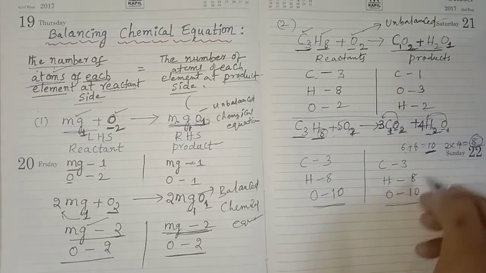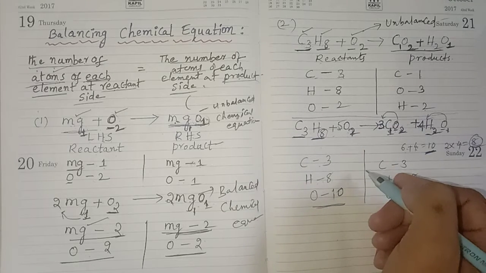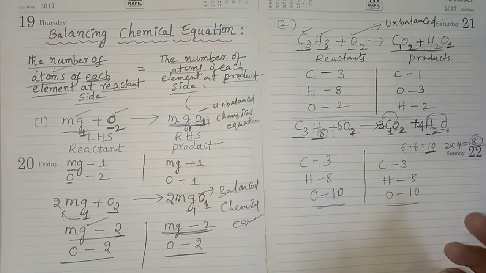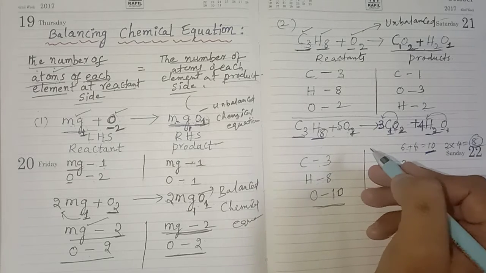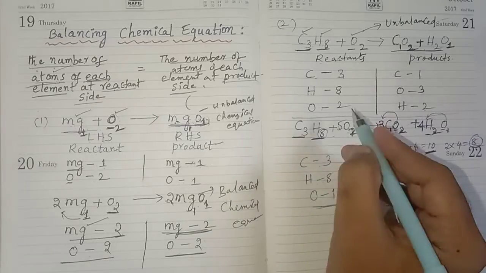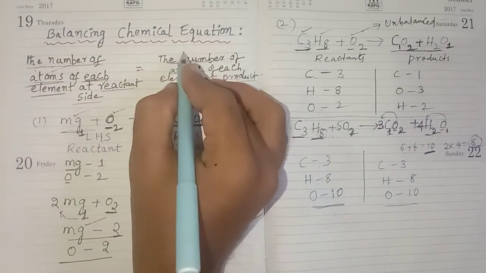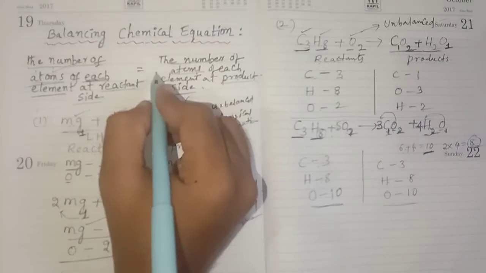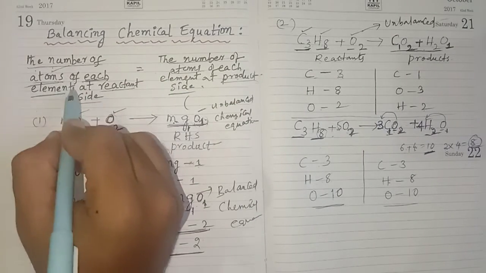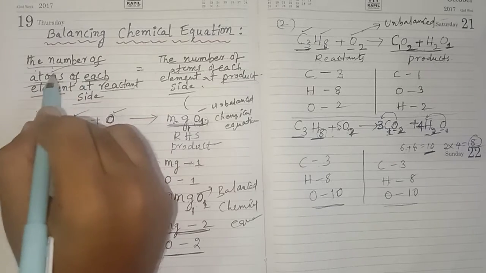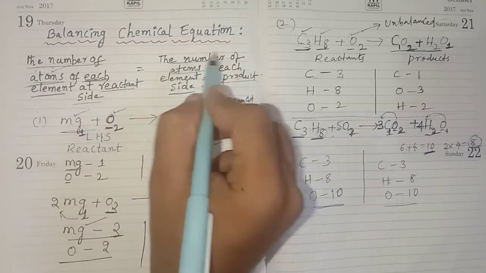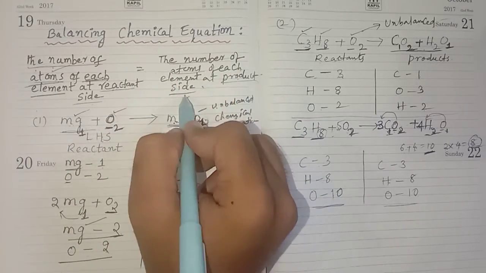So this is the balancing of the given chemical equation. This is the process you should follow when you balance a chemical equation. Remember this balanced chemical equation. To balance a chemical equation, we need to follow a rule: the number of atoms of each element at the reactant side must equal the number of atoms of each element at the product side.